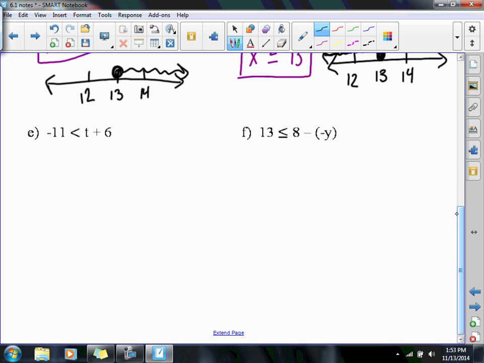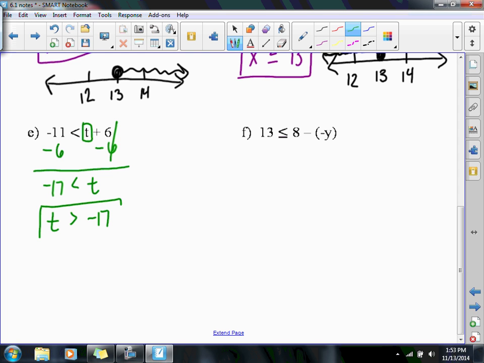Okay, last two. We have negative 11 is less than t plus 6. So I have to get the t by itself. And to do that, I have to subtract the 6. So that's negative 17 is less than t. And then when I reverse it, I'm going to switch the t and the negative 17 and the sign in the middle.